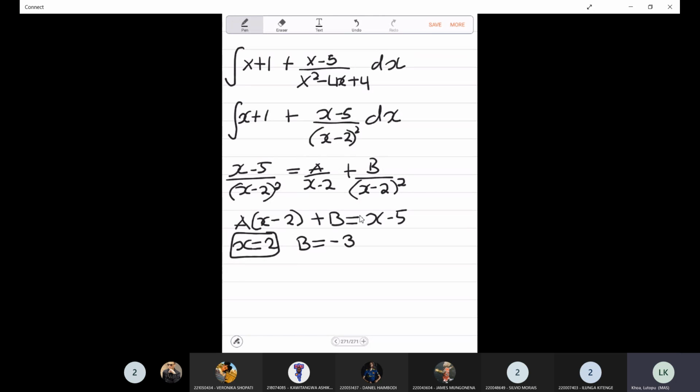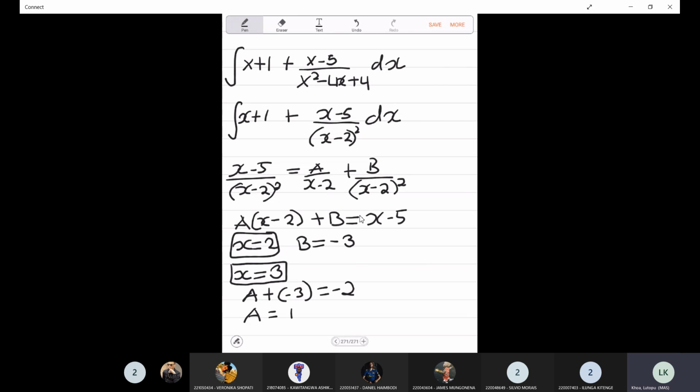And then you can say when x is 1, for example, not 1, let's make it 3. When x is 3, for example, you would have 3a plus b. b is -3. And on the other side, we have 3 minus 5, which is -2. And this means that a is equal to 1. Okay, so that's how to do that one.